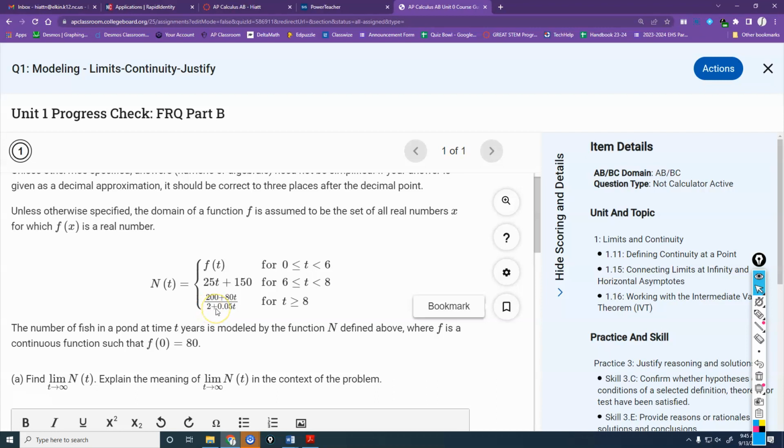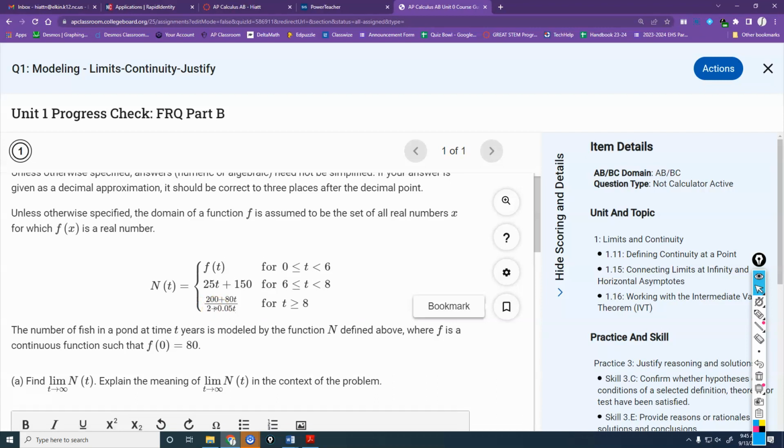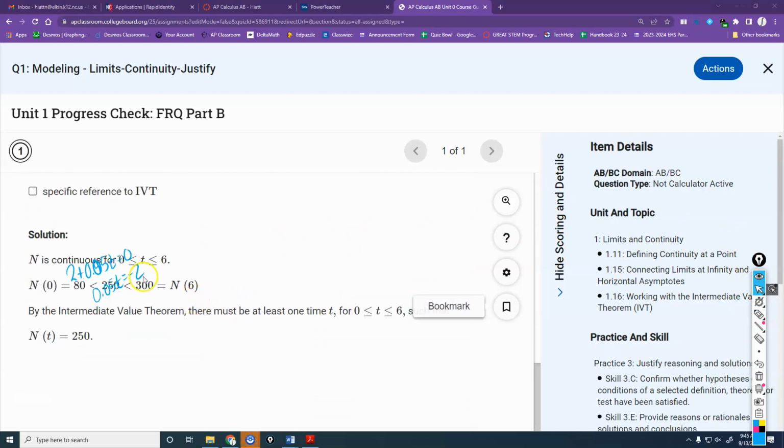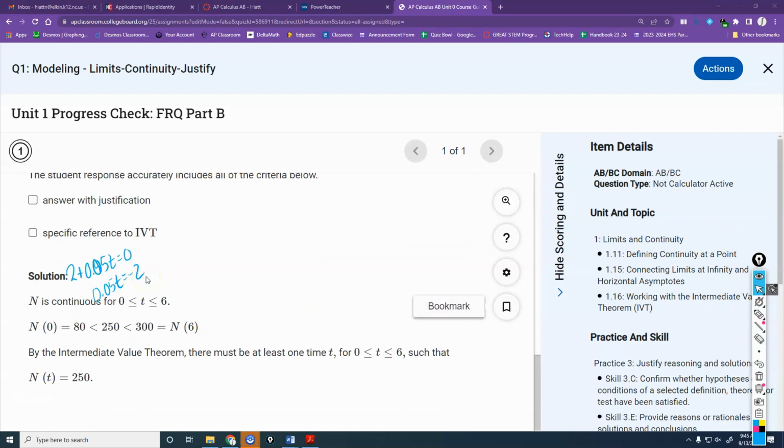No, that would be a negative value. Like the denominator of this, 2 plus 0.05t equaling 0, that's going to be a negative: t equals negative 2. Yeah, you're going to get negative for that. So that doesn't have a discontinuity anywhere. So it is true that this is continuous at all real numbers, so it's okay to say that.